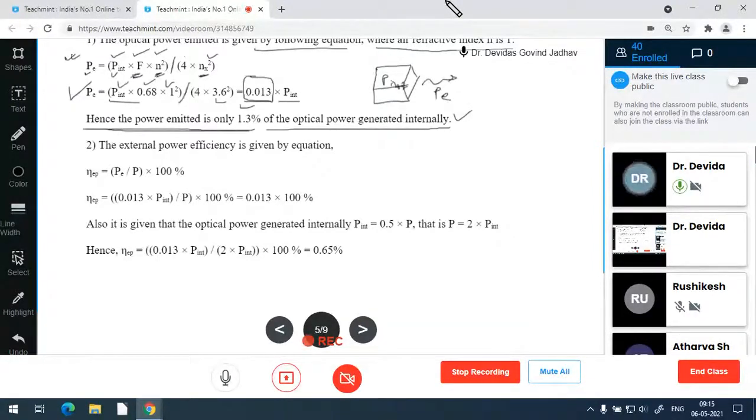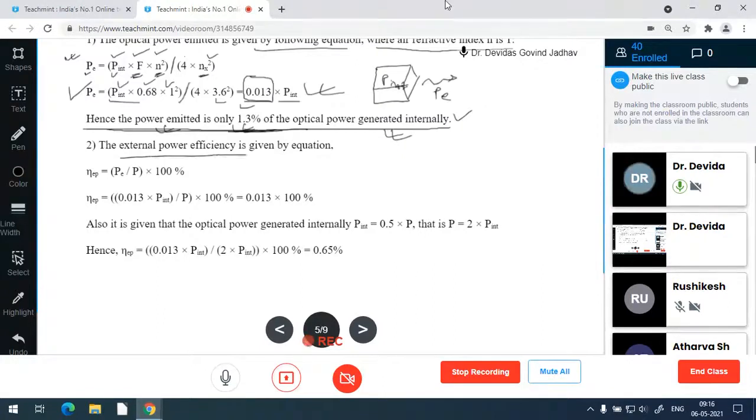This is the power emitted as a percentage of optical output internally generated. Whatever power is generated internally, out of that 1.3% is emitted into air. So this is the first answer: P is equal to 0.013 into P internal.